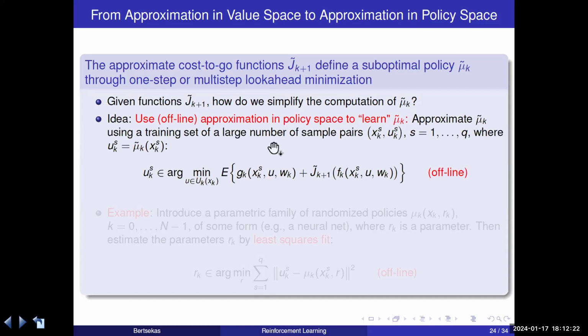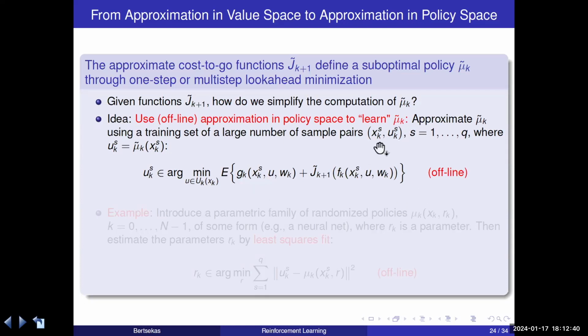Well, here's the idea. We learn mu tilde through approximation in policy space, which is done offline. And how do we do that? This mu tilde, we use it to generate a training set of a large number of state and control pairs.